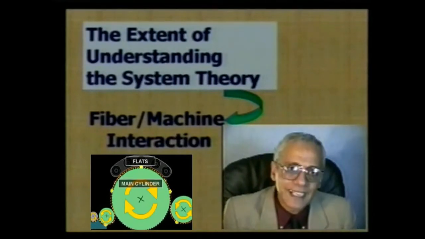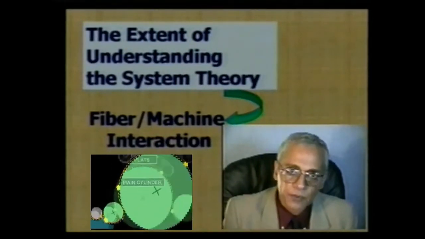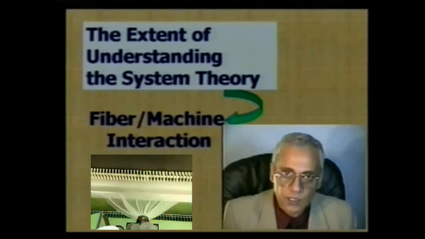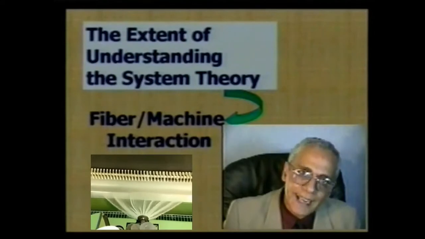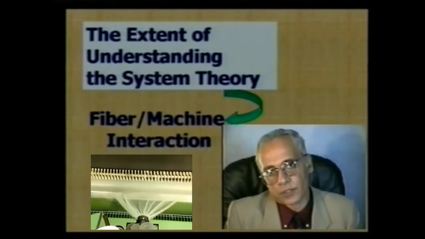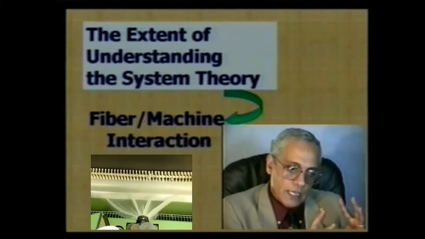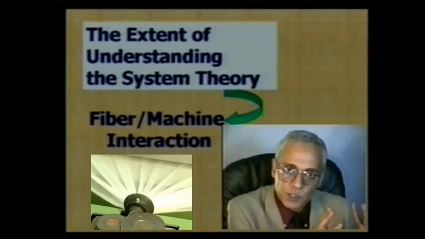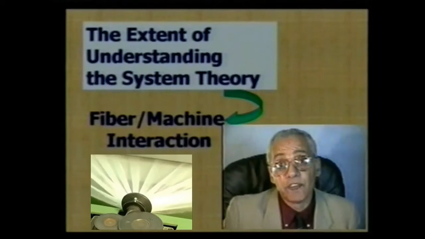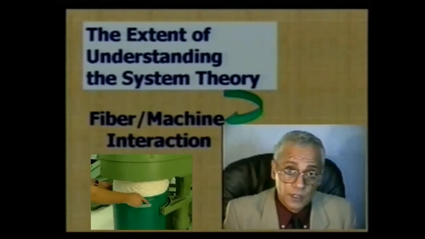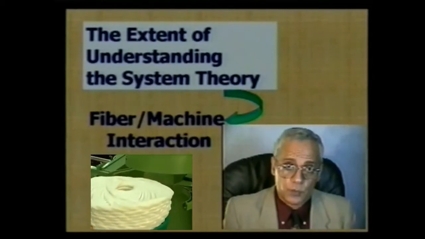So part of understanding the system theory is to look at different units in your processing line and see how they interact with fibers, how they alter the fiber properties, and how certain attributes or certain levels of fiber attributes can actually affect the performance of some of your machines. This is a major issue.